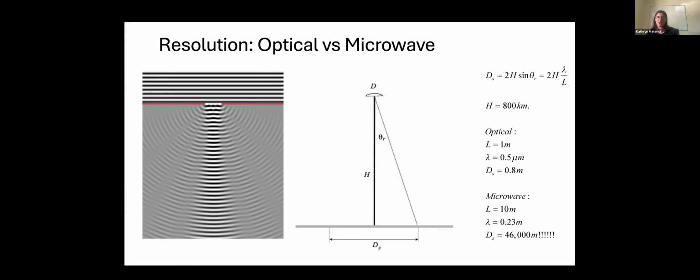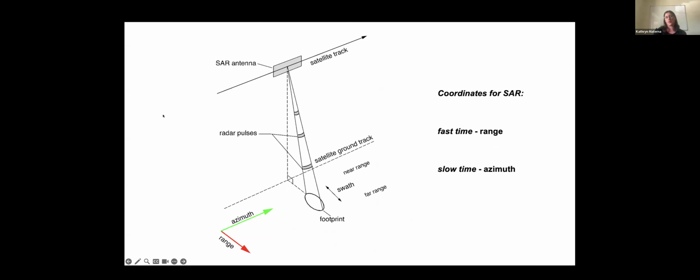But first, we need to go over the coordinate system that we're going to use to understand how SAR works. So the coordinate system looks something like this. You may see this more in the short course. The satellite is flying in a certain direction, and we call that along track. This is the antenna, or the aperture, or L. And the direction that the satellite is flying, we call the azimuth.